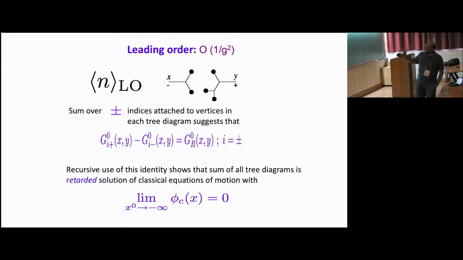And when I do this for each graph, it turns out that computing this average inclusive probability is the same thing as solving the classical equations of motion with retarded boundary conditions. So this object here is just the product of the classical equations of motion as a function of x times the classical equations of motion in terms of y, with retarded boundary conditions at minus infinity.